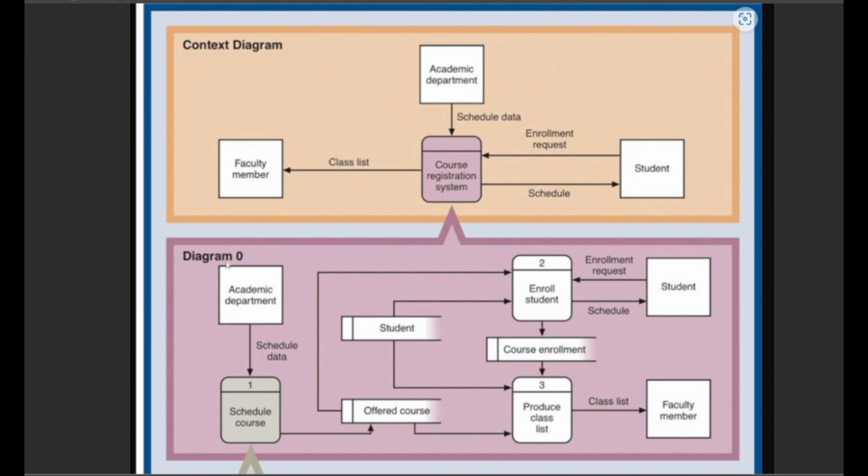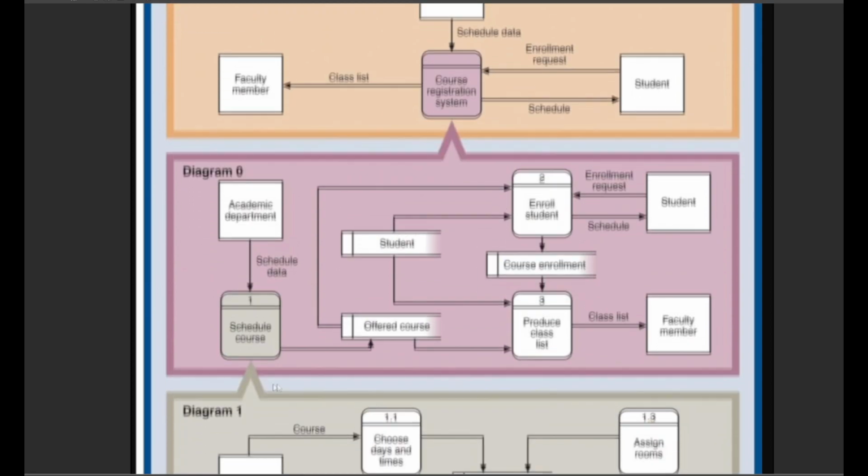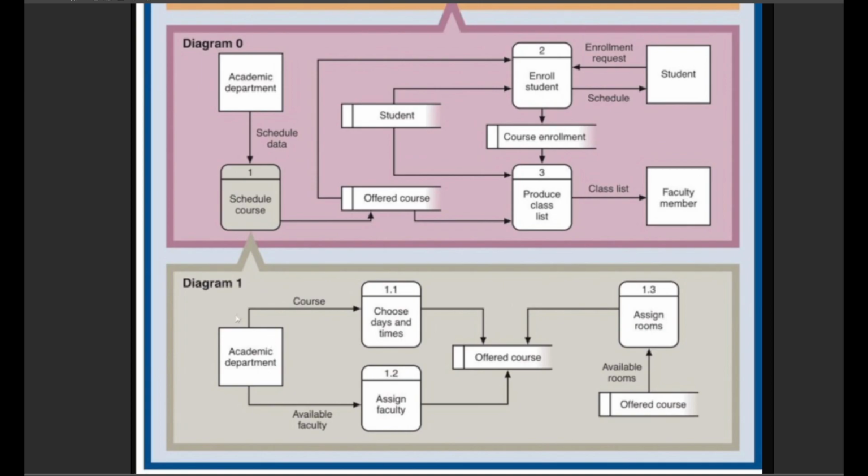So as you can see, diagram 0 is a detailed explanation of the context diagram. If we want to further discuss each sub-process here, like enrolling students or scheduling courses, we will be creating a lower level diagram, and that diagram will be named after the process number it redefines.